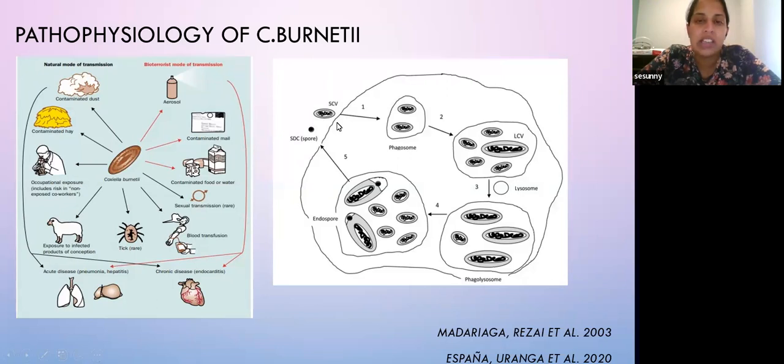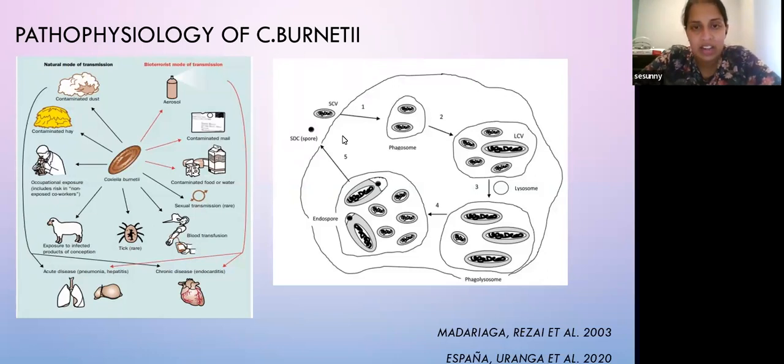So when we look at the structure of the Coxiella organism, you have small cell variant, large cell variants, that's what LCV stands for, and then you have the spore form. The small cell, large cell, and the spore all have similar structures in terms of an inner membrane, an outer membrane, and then a peptidoglycan layer in between. So the small cell variant is the variant that we inhale.